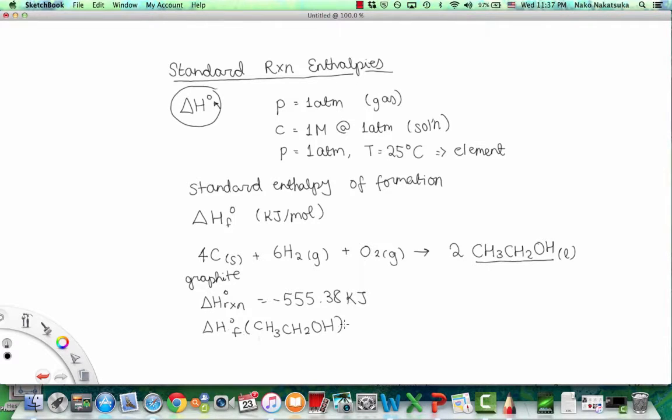It has a value of negative 277.69 kilojoules per mole. So this is a very typical example where there is a standard reaction enthalpy for a particular reaction, because things are in their most stable state, and we can also have a standard enthalpy of formation of the final product. By definition, the standard enthalpy of formation of an element in its most stable form is 0.